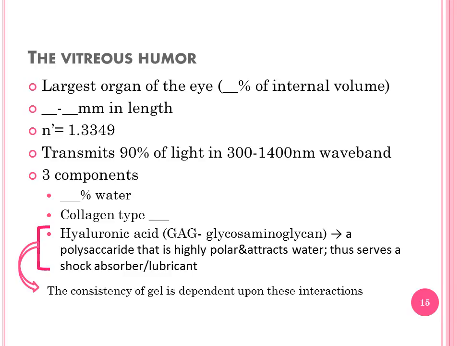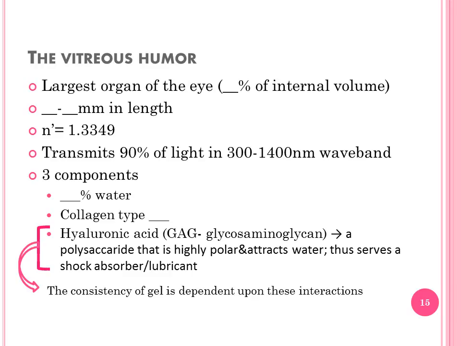There shouldn't be a lot of UVA and UVB. It should be mostly of the visible light spectrum. So that's why that number is so high. It's because the vitreous isn't supposed to absorb a bunch of light. It should have already happened by this point in the eye.